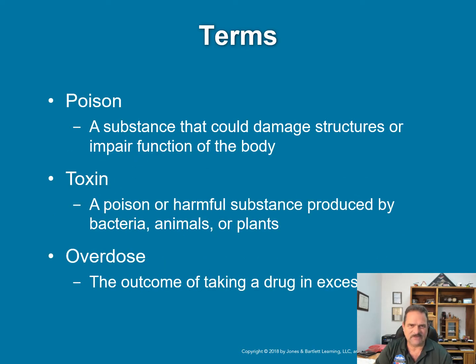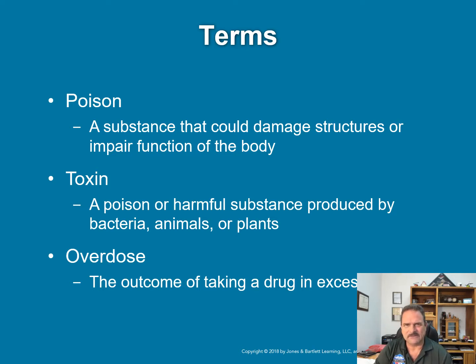A poison is a substance whose chemical action could damage structures or impair function when introduced into the body. Even a small amount of poison may cause serious symptoms and even possible death. A toxin is a poison or harmful substance that's produced by bacteria, animals, or plants.